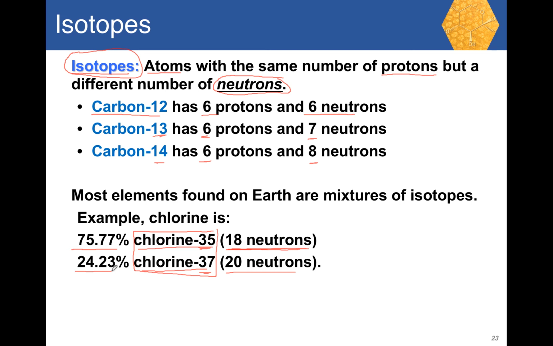So once again, so we're not confused here: if you went outside and got a bottle of chlorine, it's a mixture of 2 isotopes. The keyword here is mixture. It's constant, because wherever you go in the universe, this percentage will be the same.